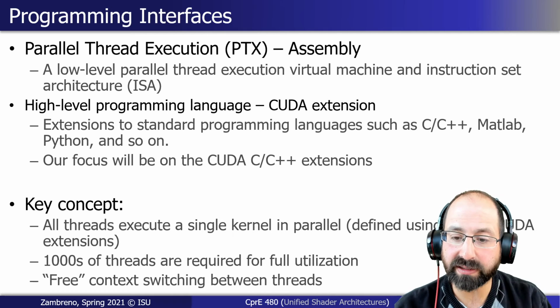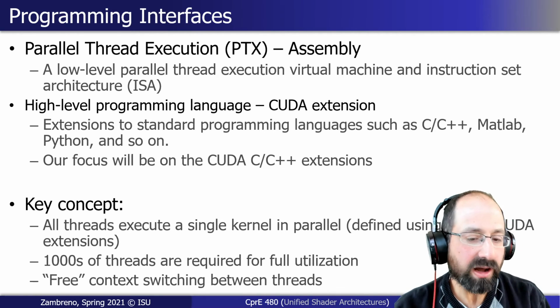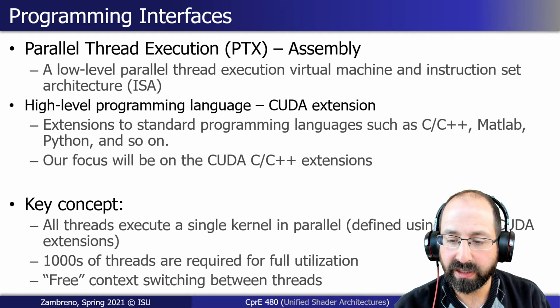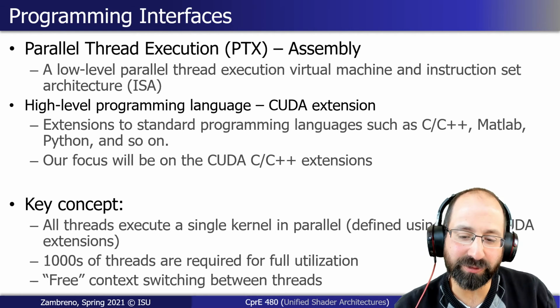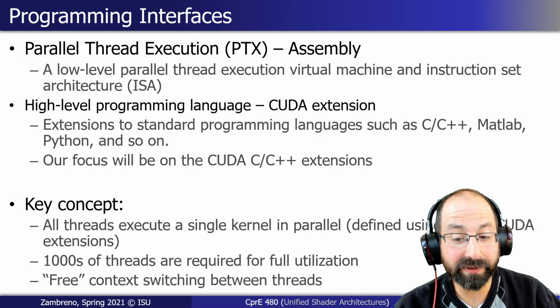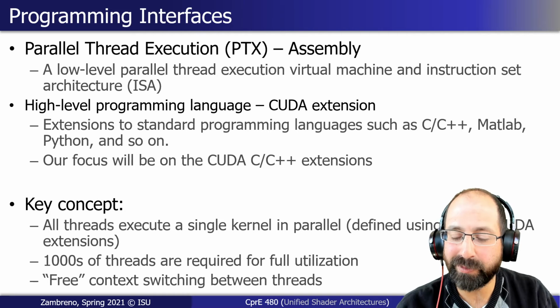But again, going back to the original graphics context, we also kind of got that for free. Getting thousands or millions of threads is something that just naturally happens when we do graphics processing. We're rendering triangles, there's enough of them, and they have enough fragments associated with them.